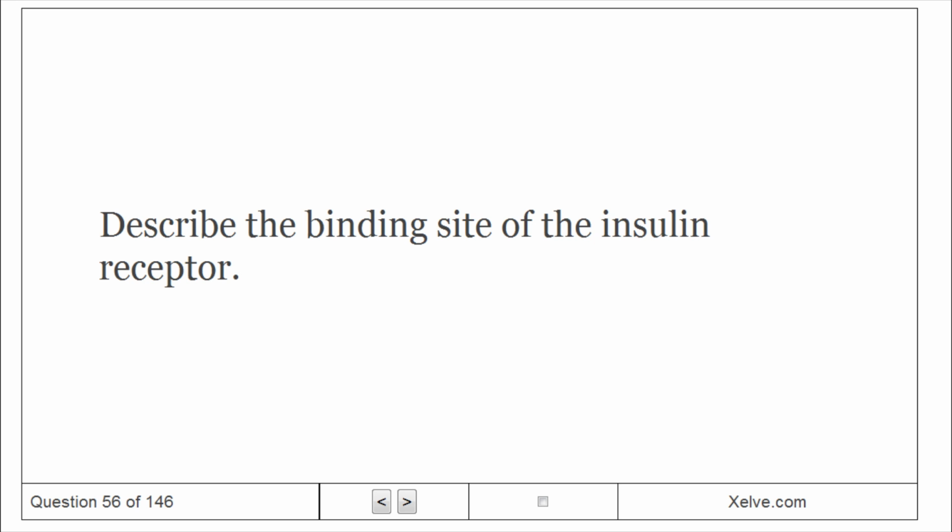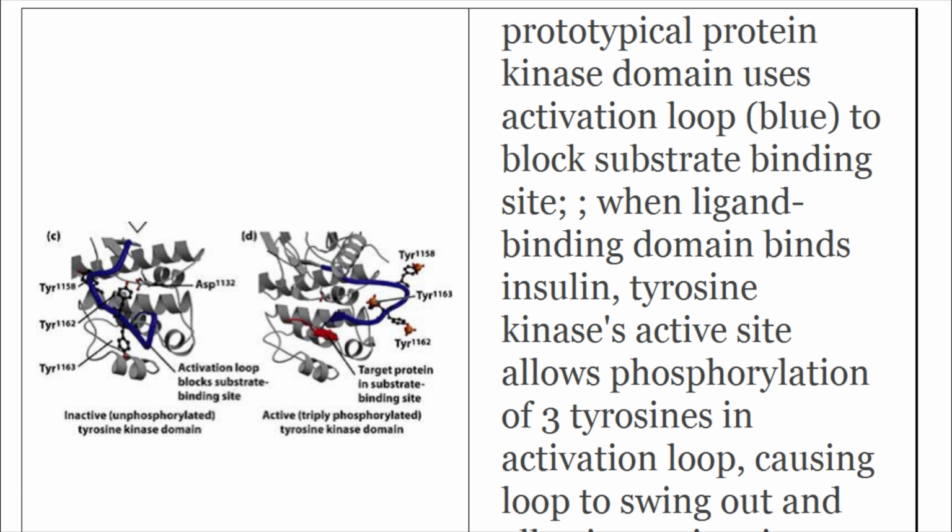Describe the binding site of the insulin receptor. The prototypical protein kinase domain uses an activation loop to block the substrate binding site.